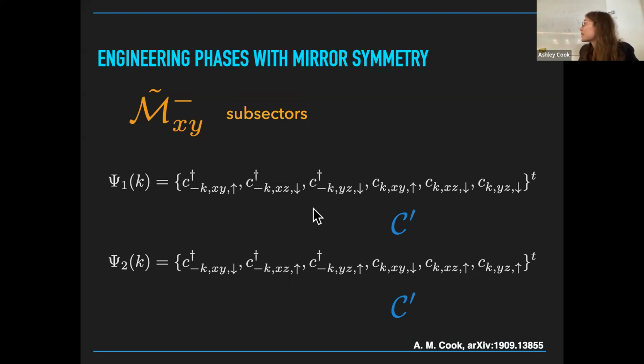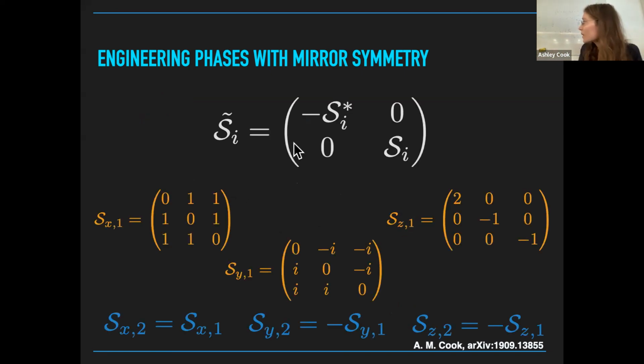And one thing I'd like to point out is that the fact that you don't just get spin up in one mirror subsector and spin down in the other results from the fact that the XY orbital actually transforms differently under the mirror than the XZ and YZ orbitals. If they all transformed in the same way, then you would get basically quite boring physics.